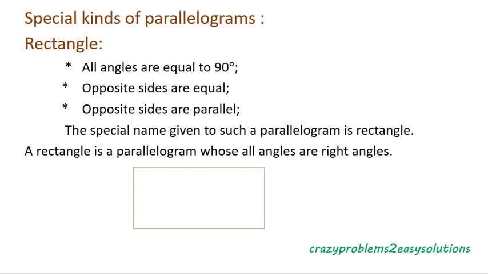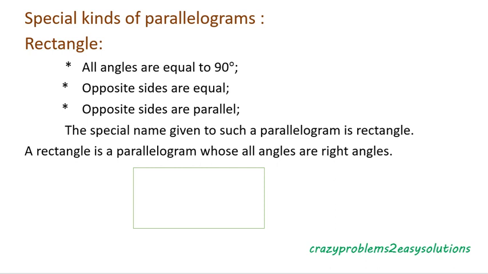Special kinds of parallelograms. First one, rectangle. All angles are equal to 90 degrees. If you measure any angle of the rectangle, you will get exactly 90 degrees. Opposite sides are equal and opposite sides are parallel. Imagine the rectangle figure.